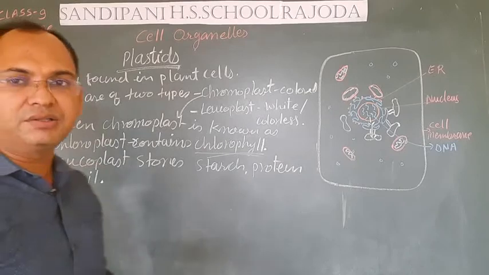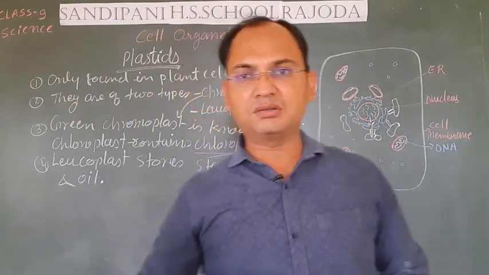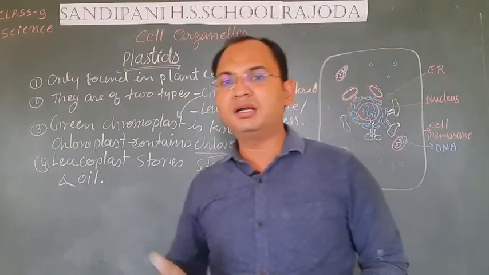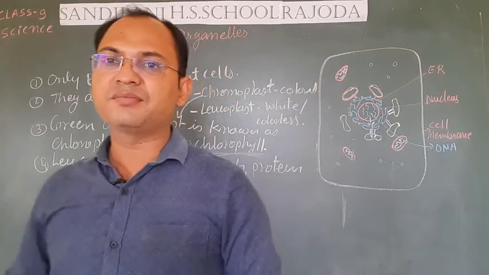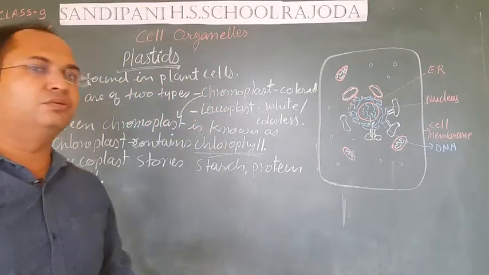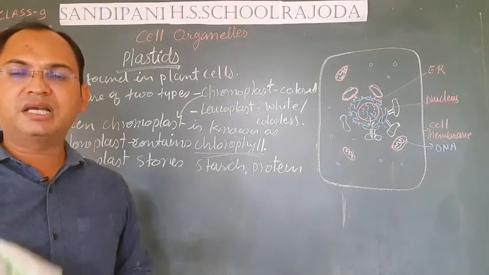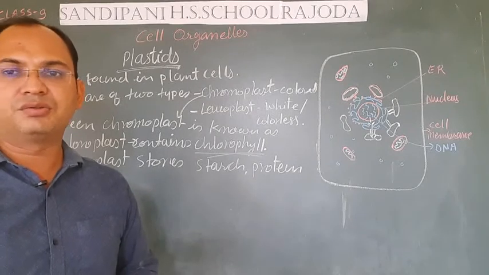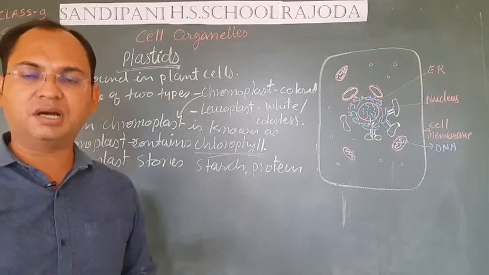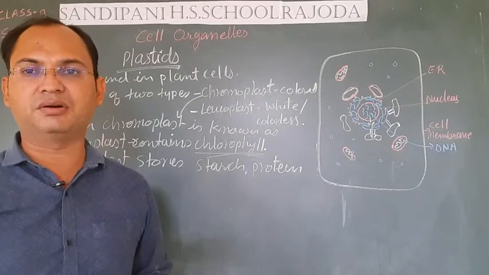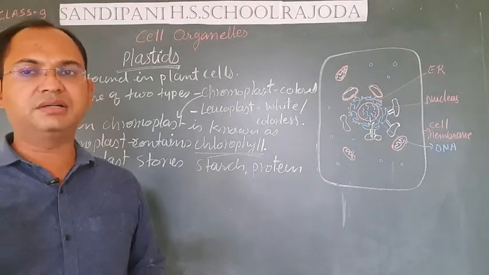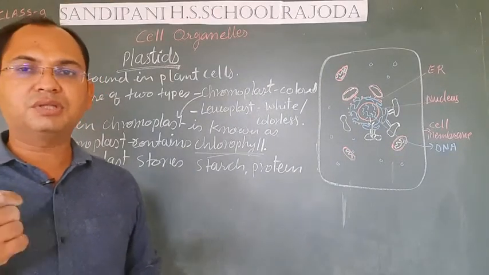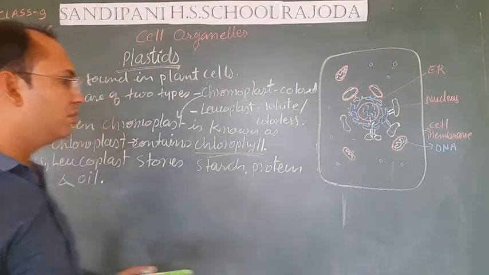Just like the mitochondria, students, the chloroplast is also a double membrane bounded structure, and it also has its own DNA as well as ribosomes. So, it is also known as a semi-autonomous cell organelle. Mitochondria and chloroplast both are semi-autonomous organelles.